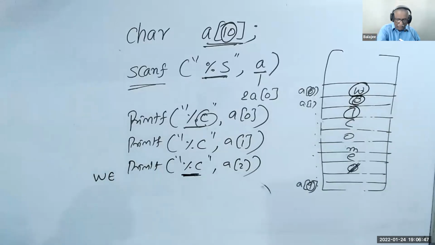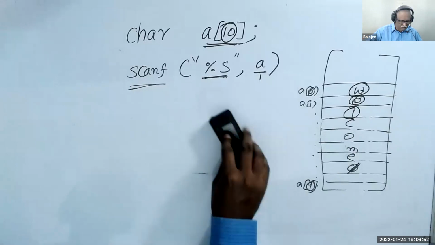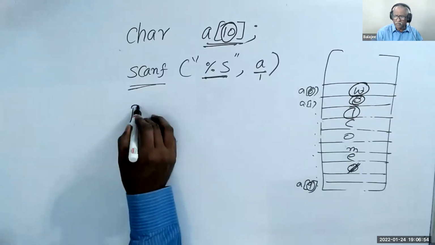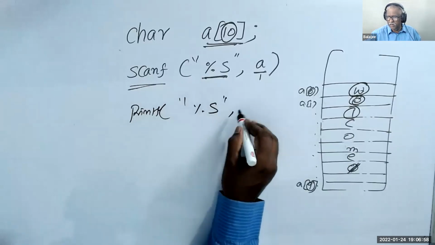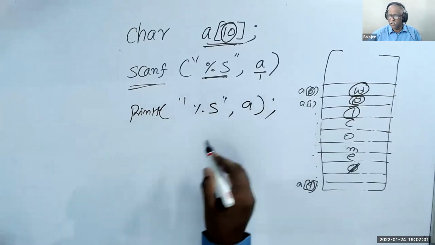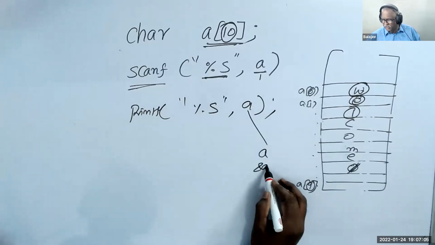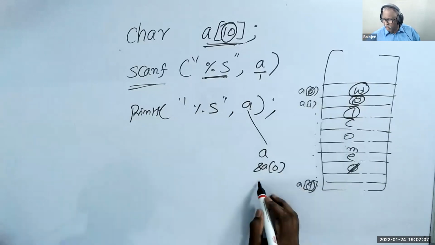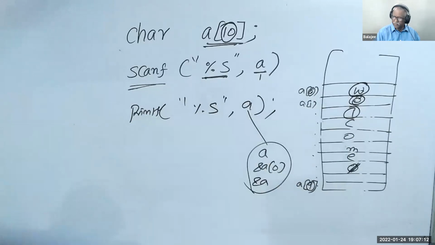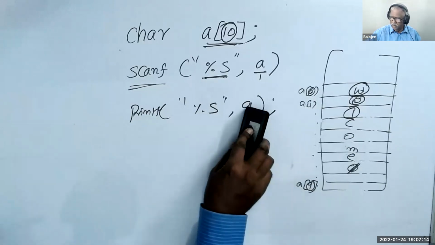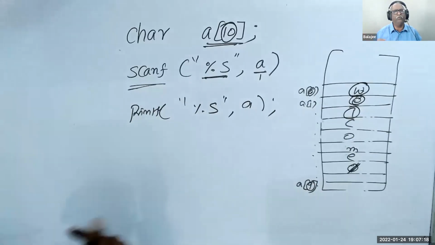But if we do it like this now, printf %s, comma, A. All are the same: A, and &A of 0, that is the address, or &A. All three have the same meaning. Don't worry about that now.